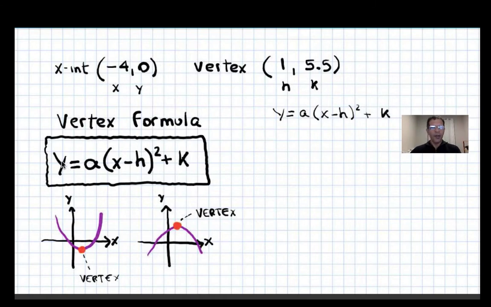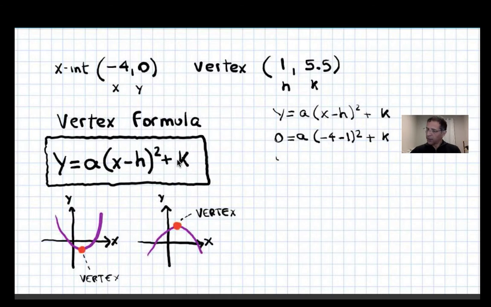We have y, which is 0, so I'll put 0 over here. We don't have a, so a stays the same. x is -4, minus h, which is 1, so 1 goes here, squared, plus k.